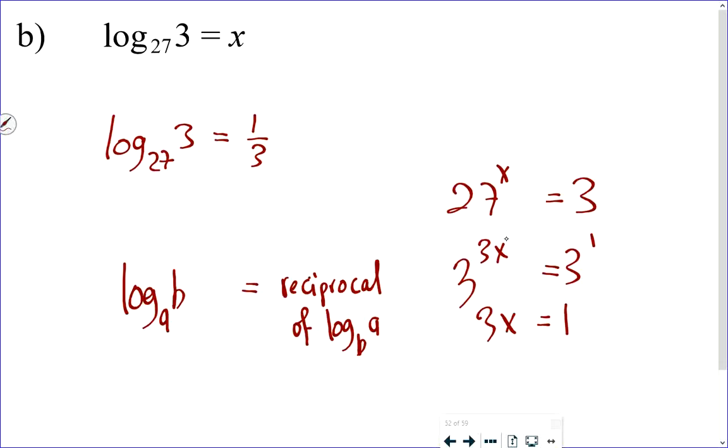So if I have a hard time thinking here, what makes this question at the top of the page complicated in your brain is the base is bigger than what you want to get. But if I were to switch those two and say, what is log base 3 of 27? You know that's 3, I hope. Well, that means log base 27 of 3 is the reciprocal of 3. I guess I could have written this.